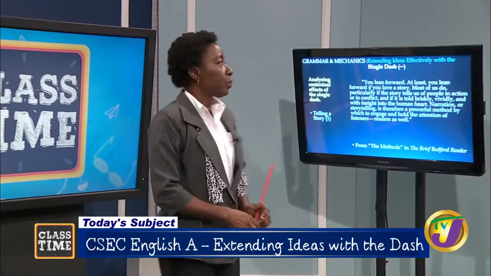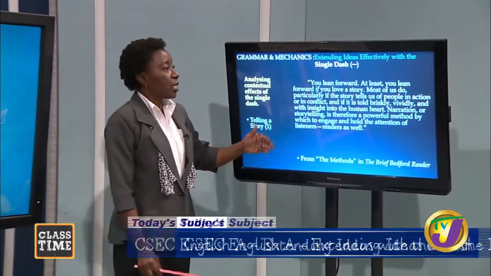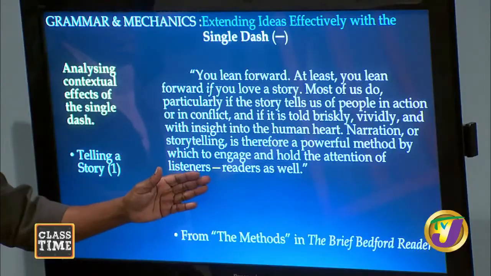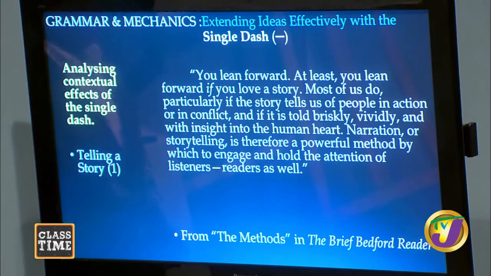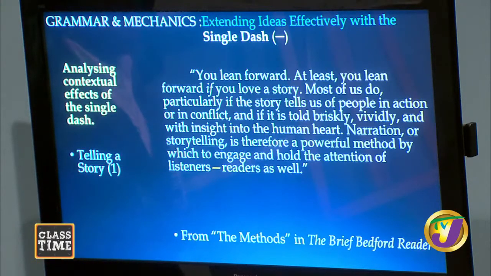So this one now. Now, this is an illustration. It is very reflexive in the sense that the dash is there speaking of itself. So you do story writing, and this is explaining something about writing the story. So here goes. You lean forward. I'm right here. At least you lean forward if you love a story.